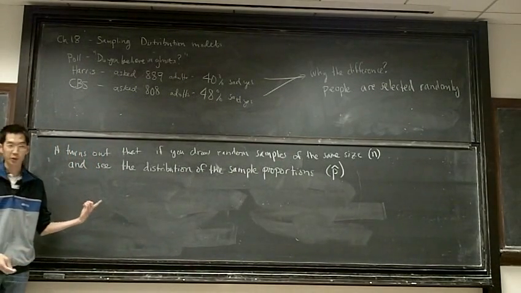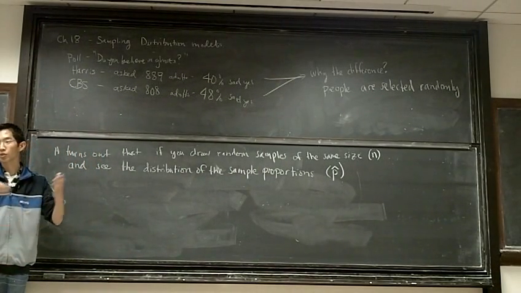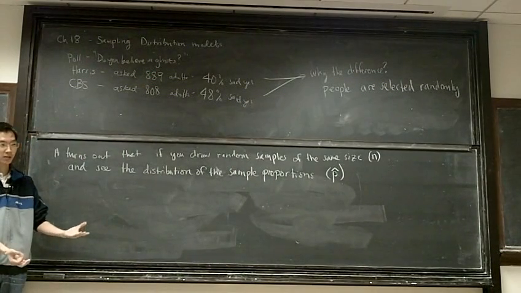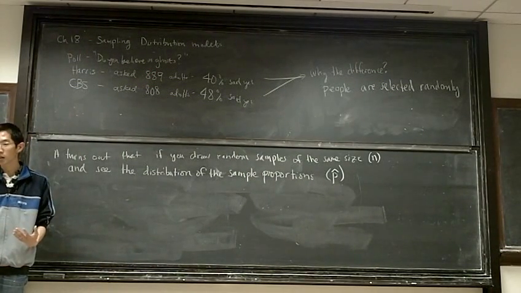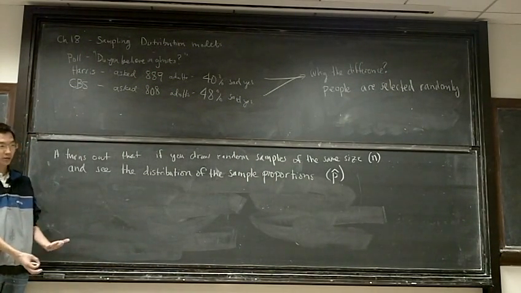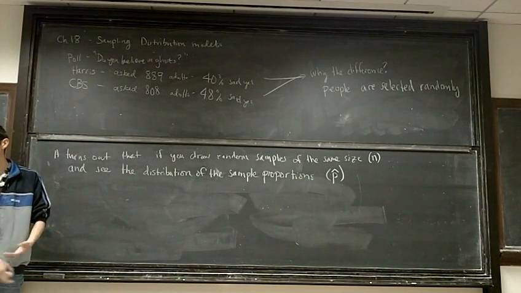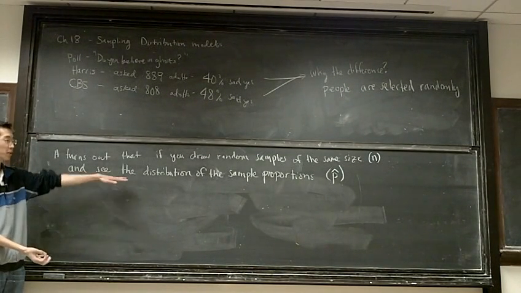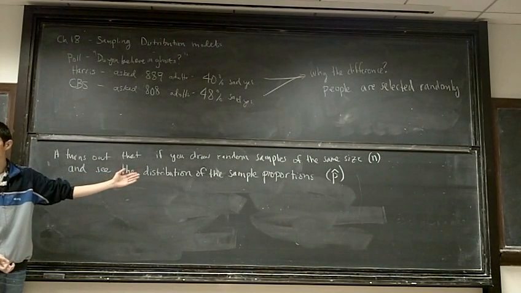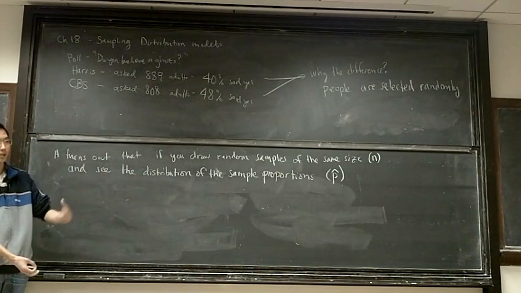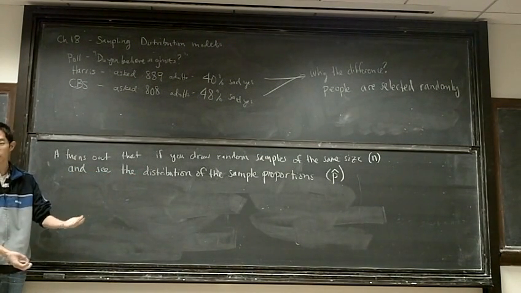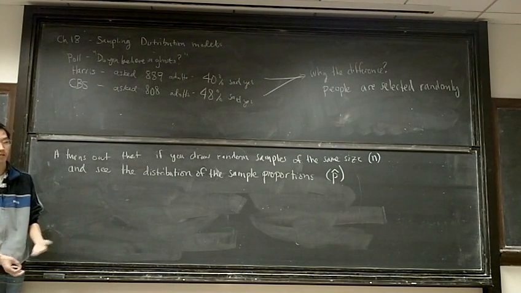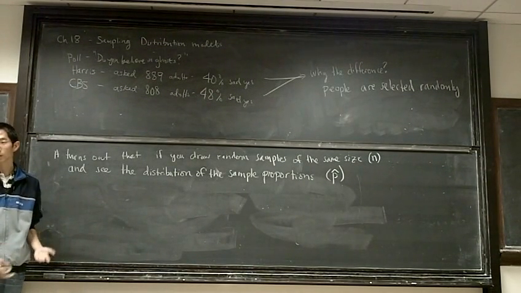Again, the sample proportion is: we draw 25 Reese's Pieces, 10 of them are orange, so we do 10 divided by 25, 40% of our sample is orange. Or we count 11 orange Reese's Pieces, so 11 divided by 25, 44% of our sample is orange.